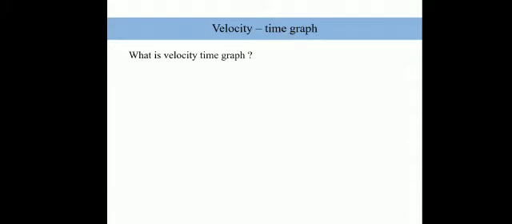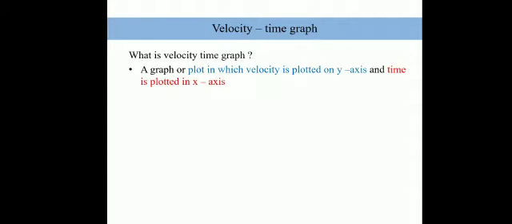A graph, or a plot, in which velocity is on the y-axis. Very important: if velocity is plotted on the y-axis and time is plotted on the x-axis, then such a graph is known as a velocity time graph. The y-axis should have velocity and the x-axis should have time. Then we call it a velocity time graph.